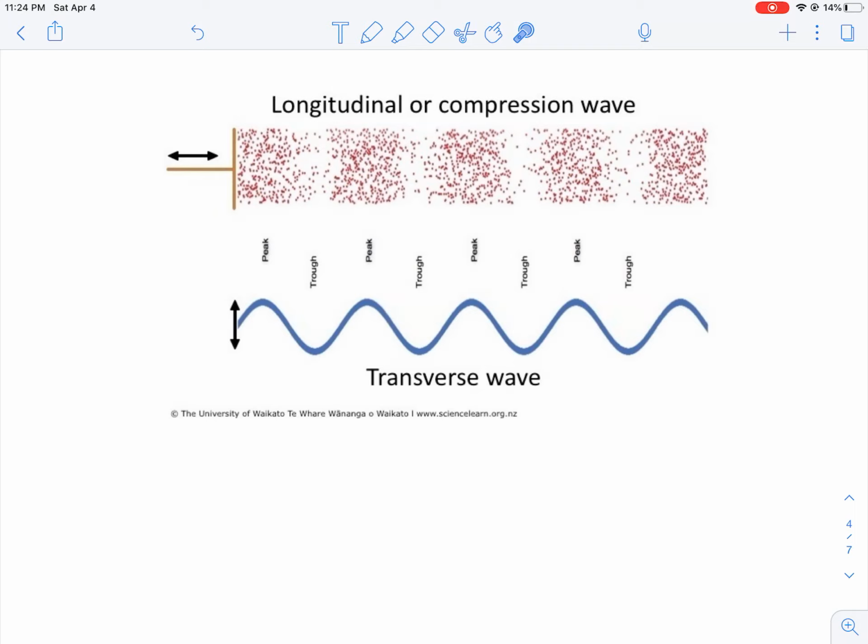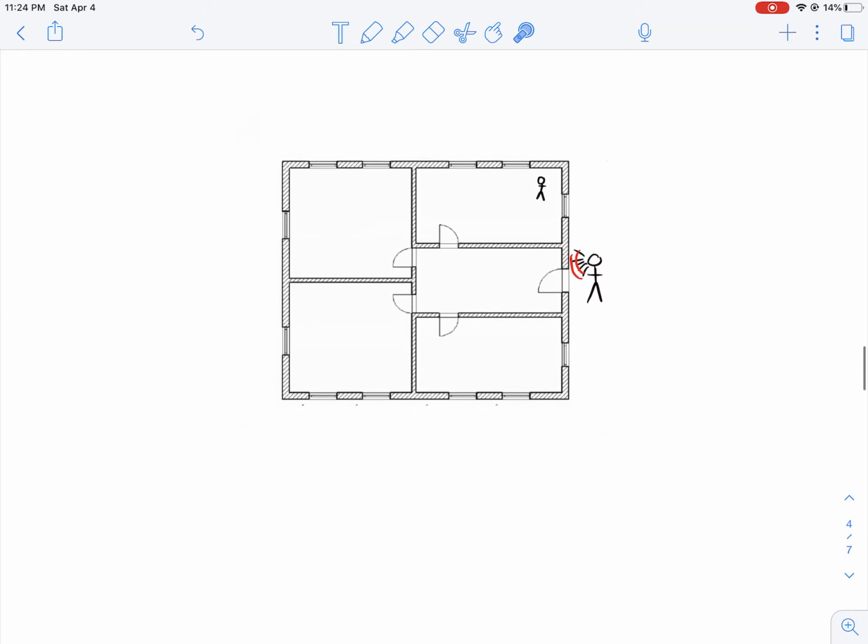These wavelengths are really, really large. And so larger objects, such as the size of a door, can make it act just like a wave. And when it does this, it is called diffraction. This is when light will bend, kind of, or sound in this case.